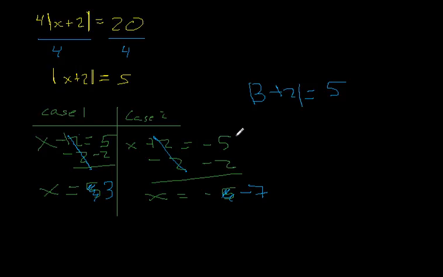Let's work with the first one. What's 3 plus 2? 5. So the absolute value of 5 equals 5.